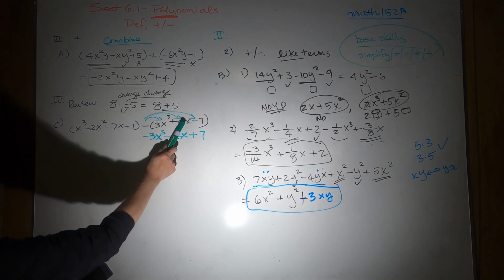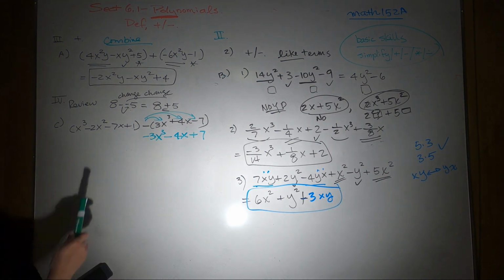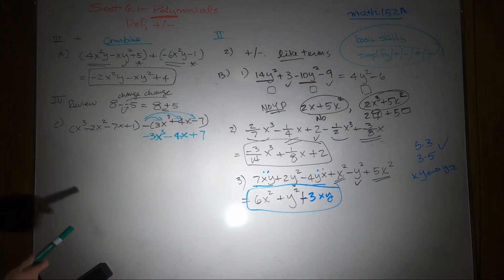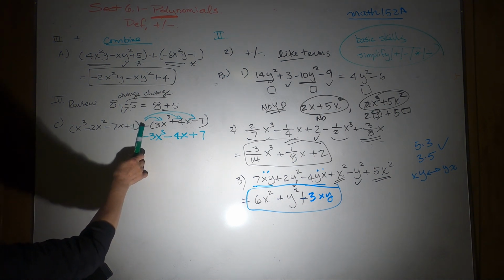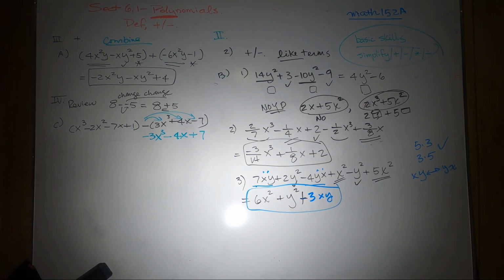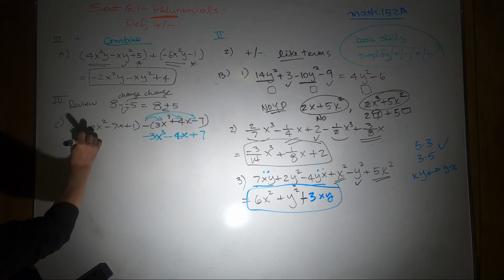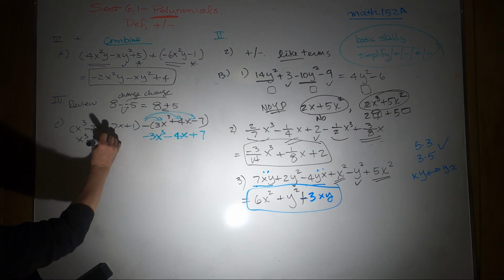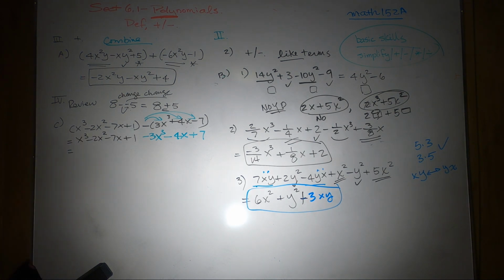Positive becomes negative, positive becomes negative, negative becomes positive. That means it's the same thing as you distribute the negative to everything inside. Okay? And for the first term, you can just write it out because it's positive in front of it. Then you can just write it directly. Okay? Then combine like terms.